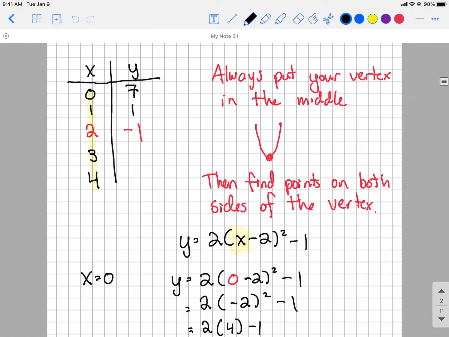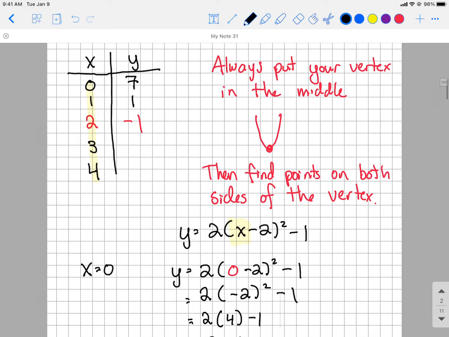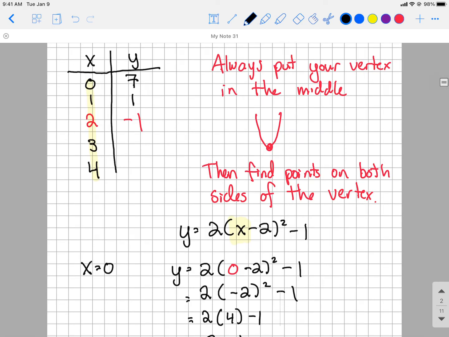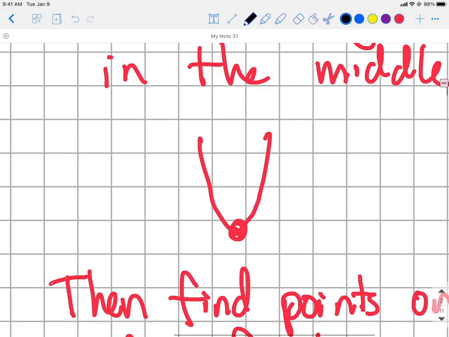And so here is by far the most important thing. If you remember back when we were learning about parabolas, if we look at this little example that I roughly sketched here, remember, parabolas had an axis of symmetry that went through the middle, and that's because parabolas are symmetric. So if we have a point on the right here, it's going to have a mirrored point on the left.